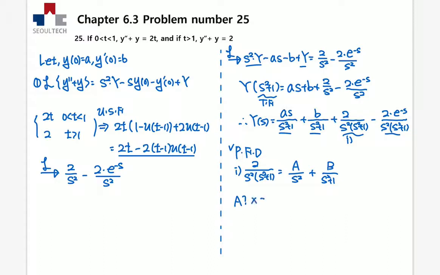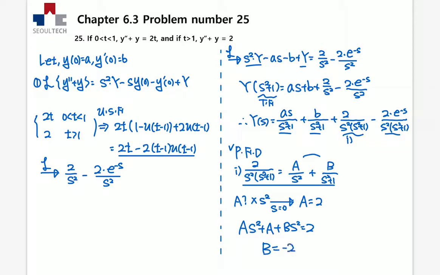Multiply by s squared and put s equal to 0, and simplifying, A equals 2. Then multiplying through, A times s squared plus A plus B times s squared equals 2. So A equals 2, and B equals minus 2.